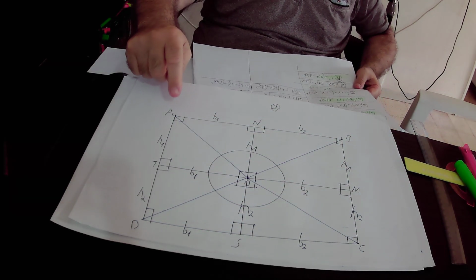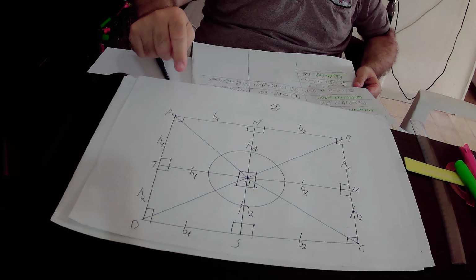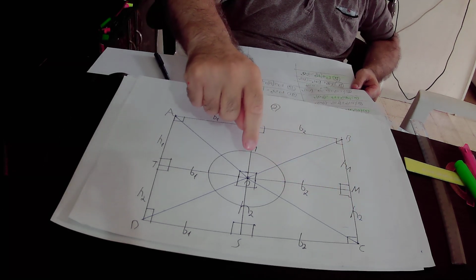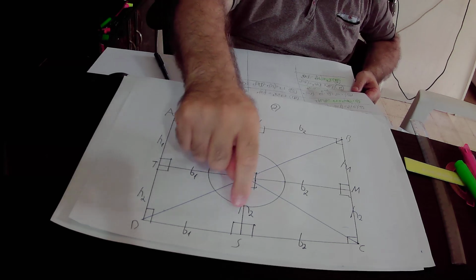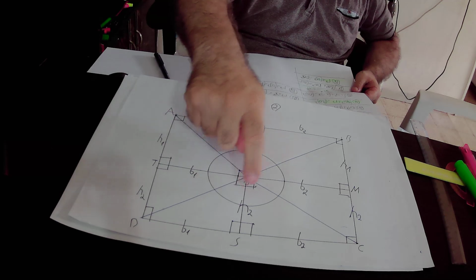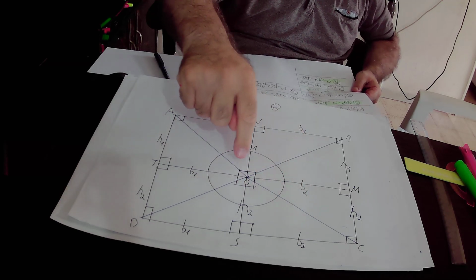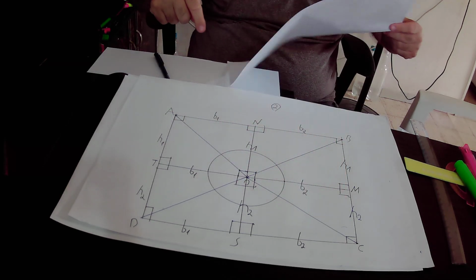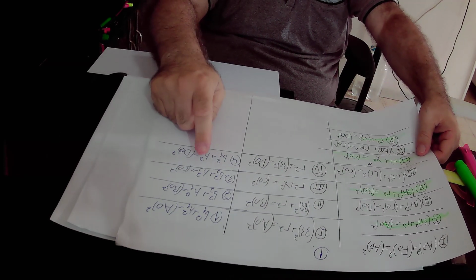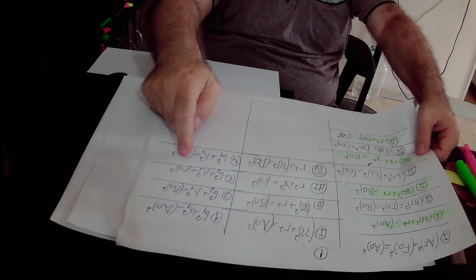Likewise, we join points O and C together by a straight line. So in the right triangle OSC, H2 square plus B2 square must equal OC square.